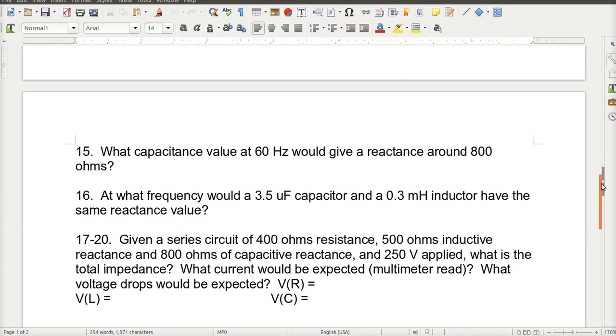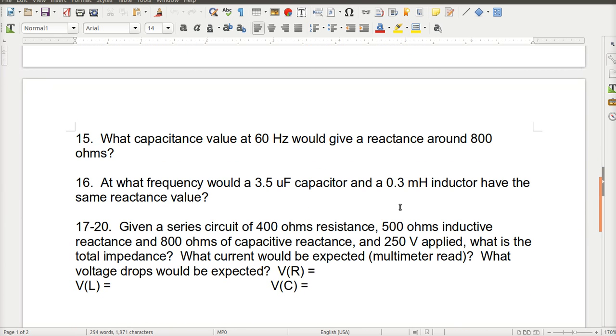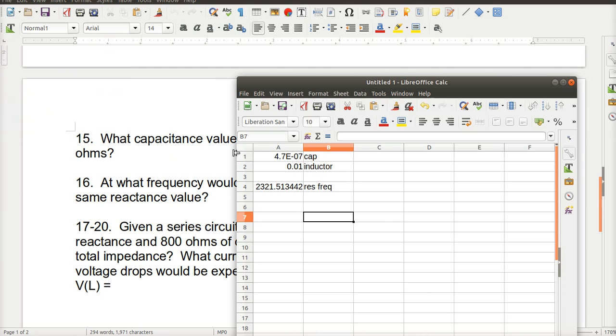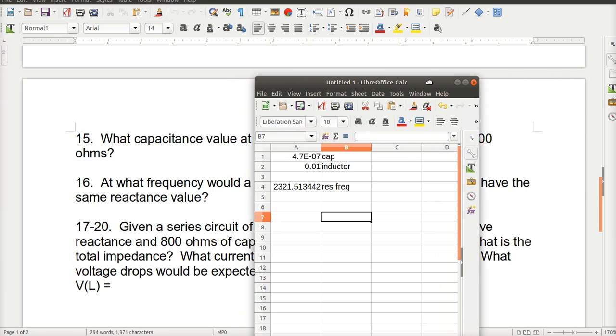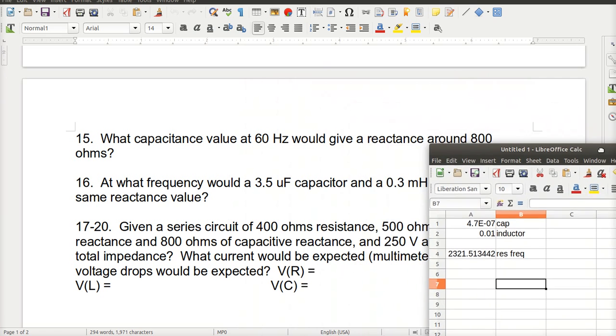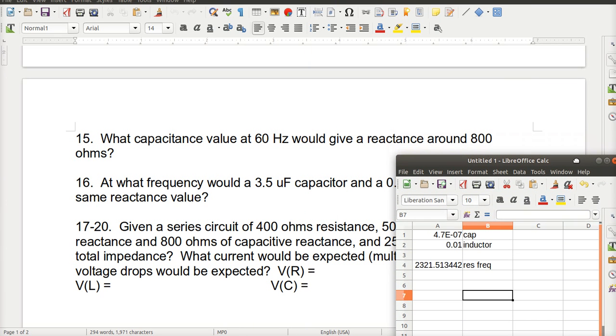Okay, what capacitance value at 60 hertz would give a reactance around 800 ohms? Let's just make that automagic. Okay, so if I have a capacitance at 60 hertz, what gives a reactance around 800?